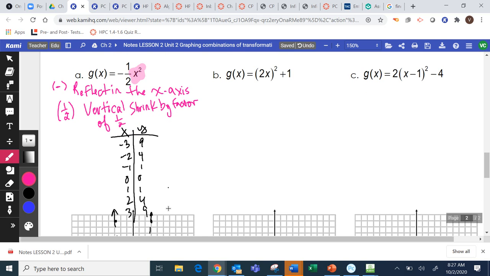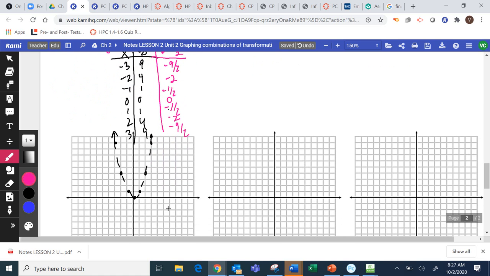So then we will go to the y values, because these are both vertical transformations. We're going to go to the y values, and we're going to multiply by negative 1/2. So I'm going to multiply all my y's by negative 1/2. So we get negative 9/2, negative 2, negative 1/2, 0, negative 1/2, negative 2, negative 9/2. We get rid of the old y's.